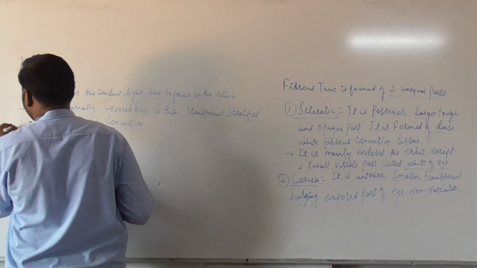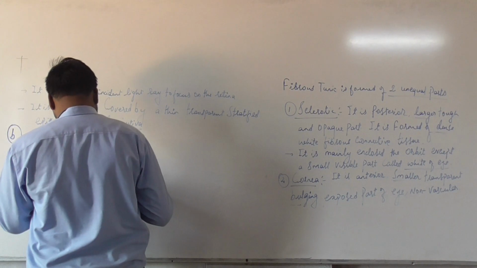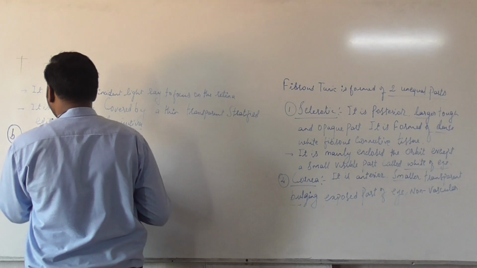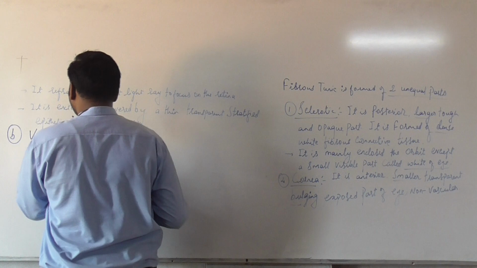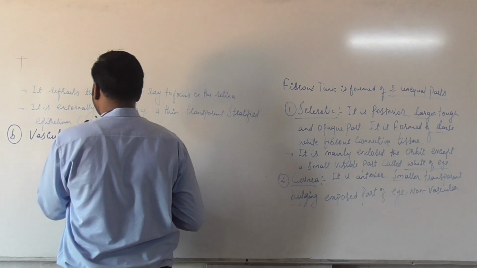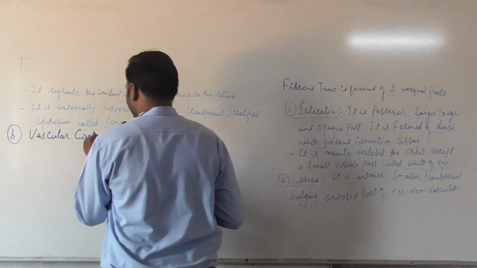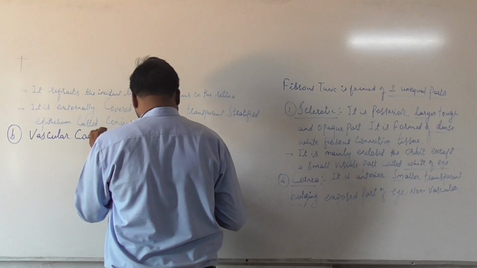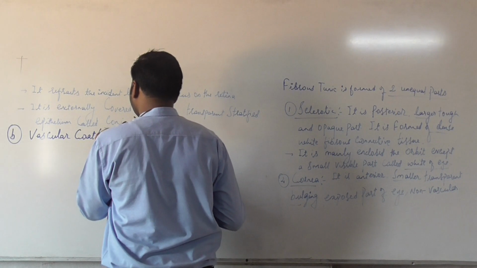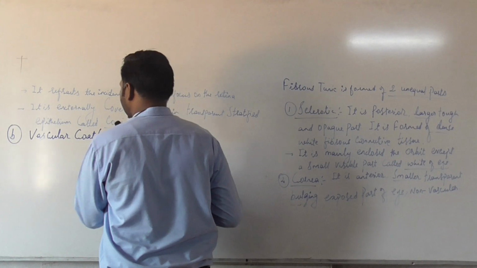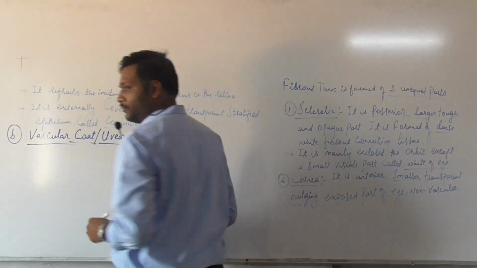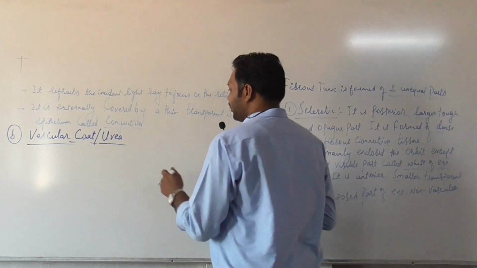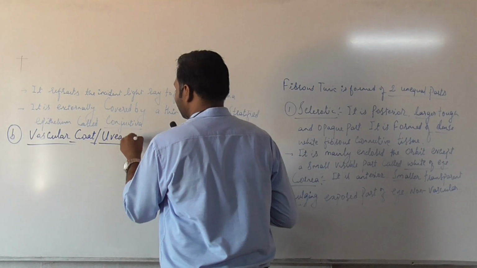Fine. The next, second part, that is the vascular coat or uvea. Okay, vascular coat or uvea. So what is this vascular coat composed of? Let's see.